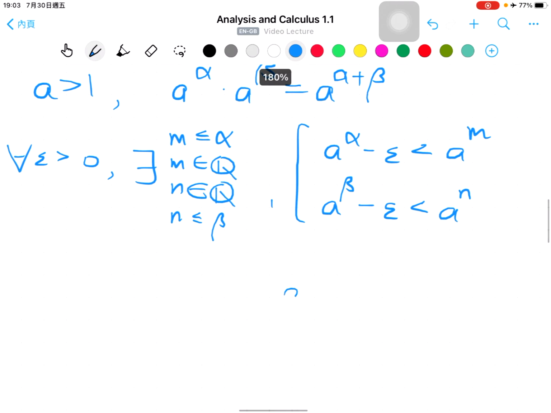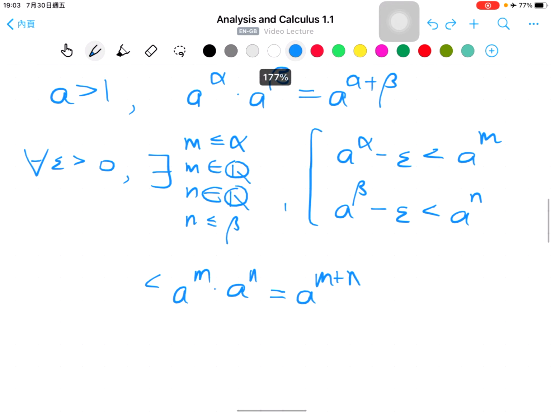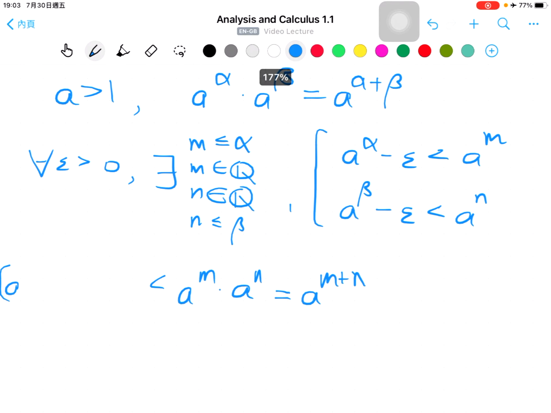That means a to the m plus n can be safely written as a to the m times a to the n, which is going to be larger than what? We just multiply these two together. Now that's going to be larger than a to the alpha minus epsilon, a to the beta minus epsilon.